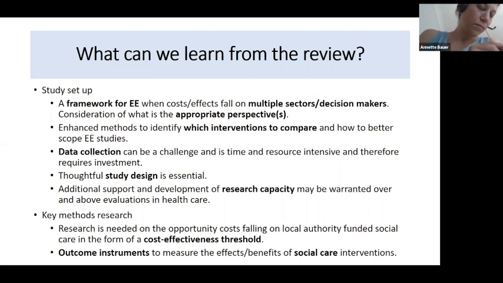This threshold is not really available currently for social care cost effectiveness. As analysts, we've had to be quite inventive and test different thresholds that could be used, but there's also ongoing empirical research to try to find this.